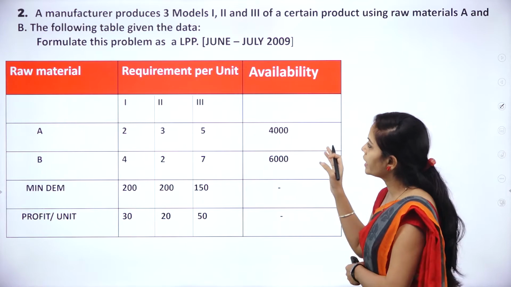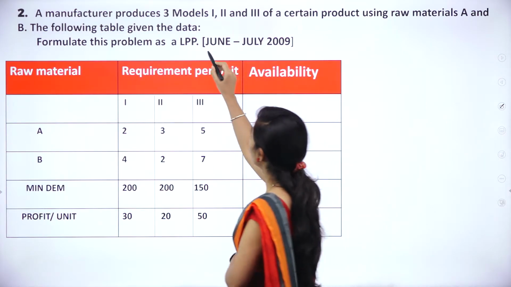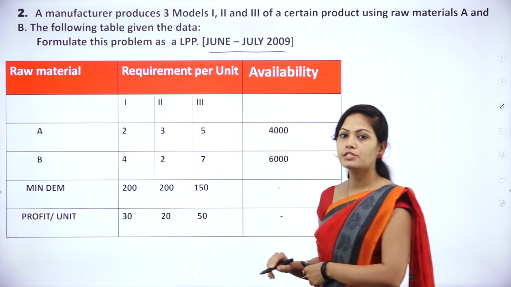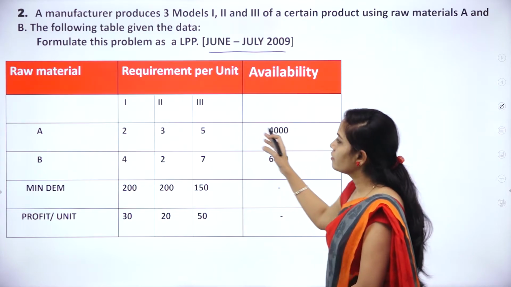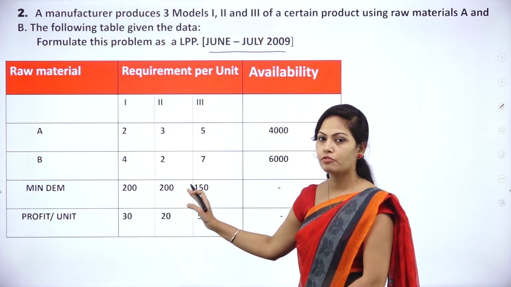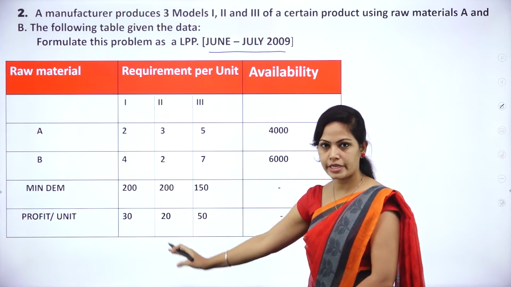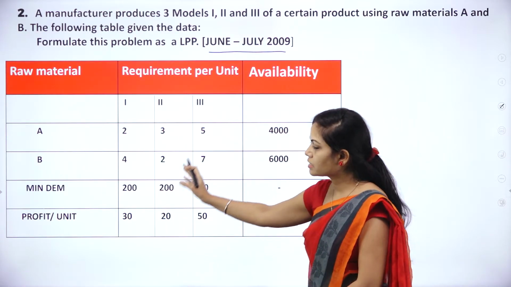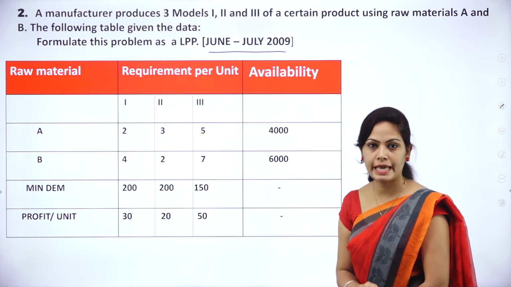So this is your second question. It's a very important question, a repeated question. Here we already have the table for the given data, so by seeing this table we can easily construct the LP model.